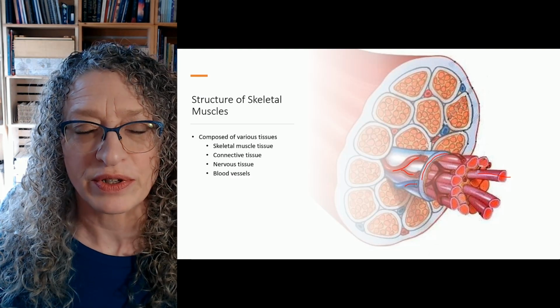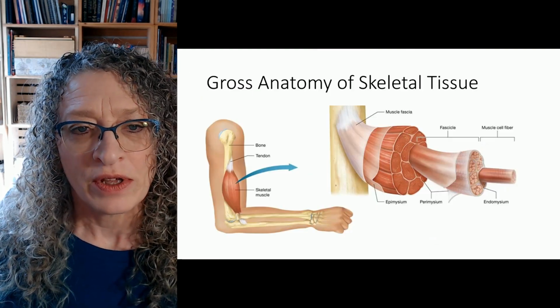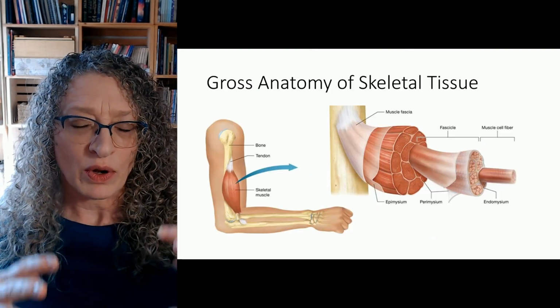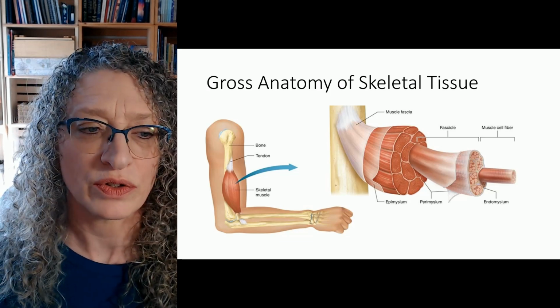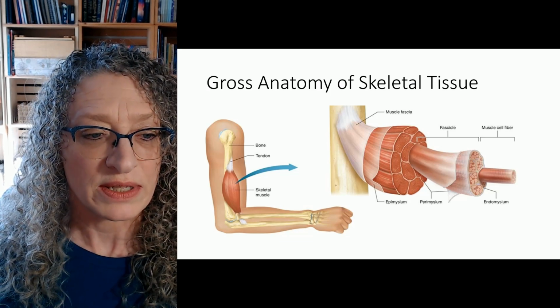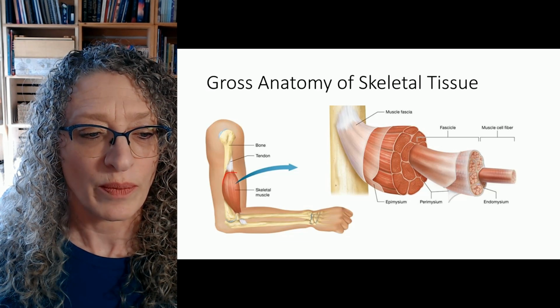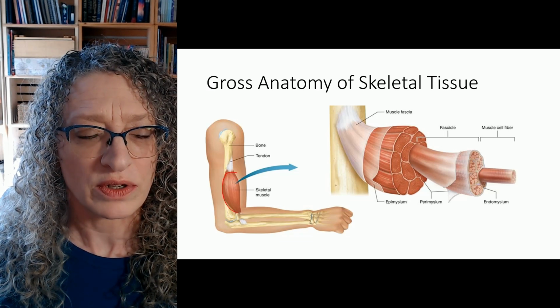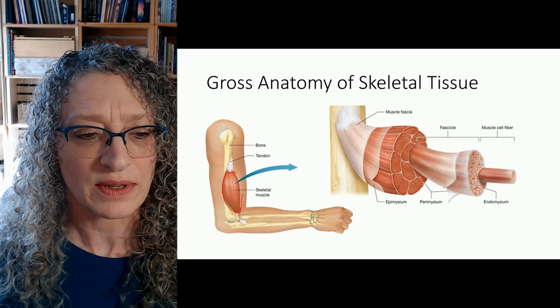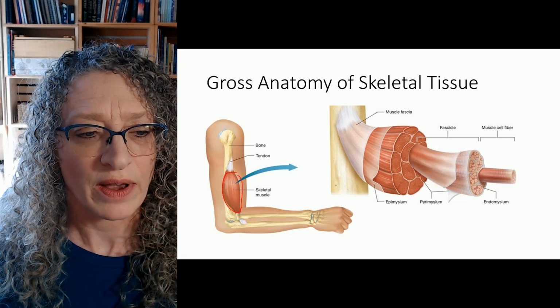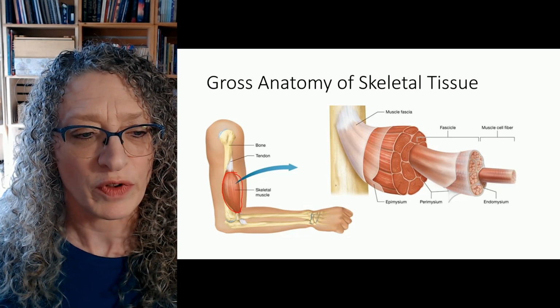Mostly the skeletal muscle tissue and the connective tissue. So when we look at the gross anatomy, or the big picture of the skeletal muscle, again we're going to see the skeletal muscle, and there's another video that talks about shapes and fiber arrangements and that kind of stuff. But here's a good example of your biceps.